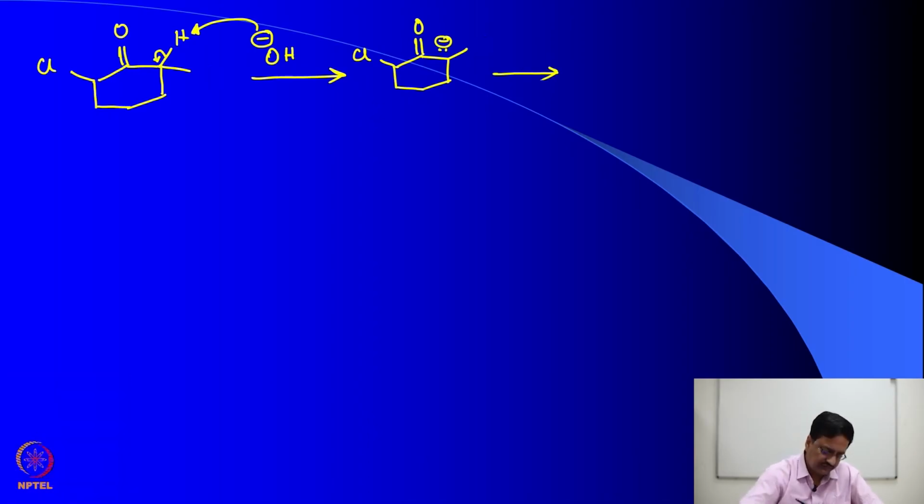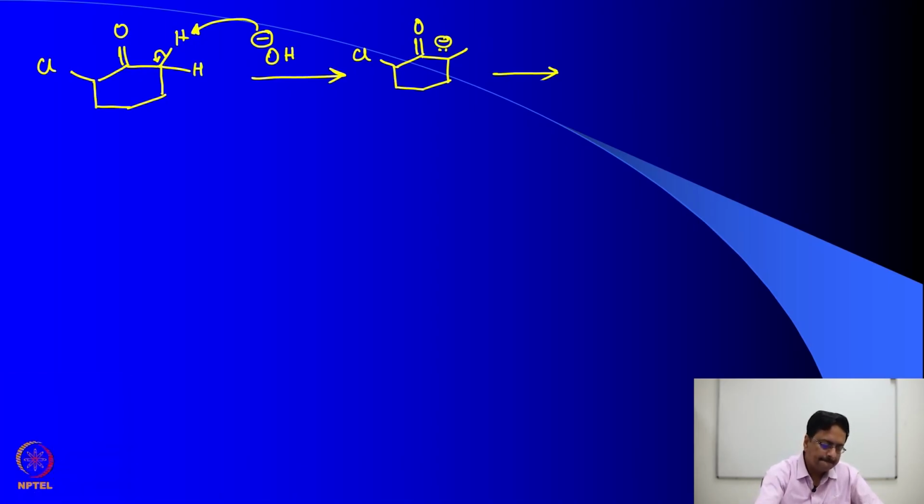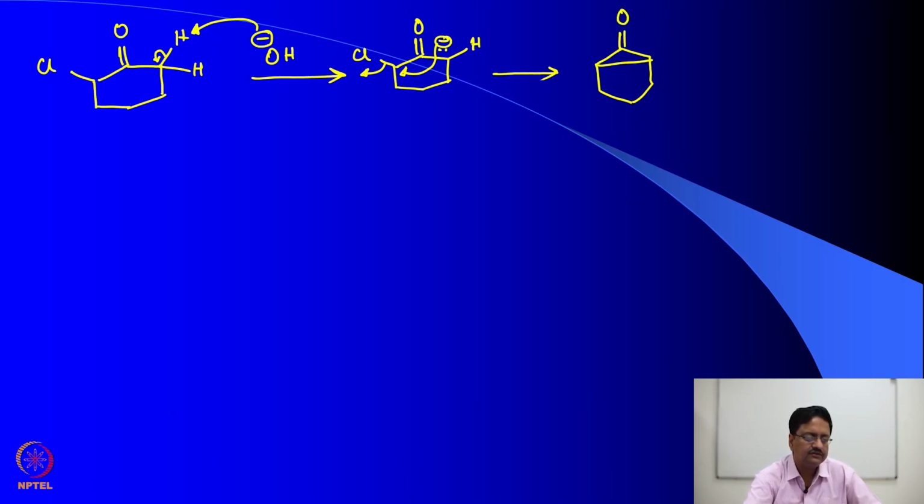These both of them should be hydrogen. So, now this intramolecular SN2 reaction removes chloride and it forms a cyclopropane ring like this. As you know, cyclopropane rings are very much unstable.